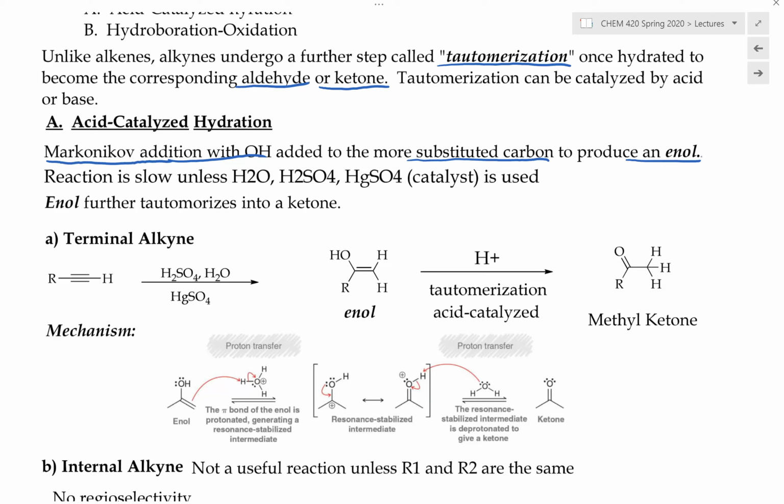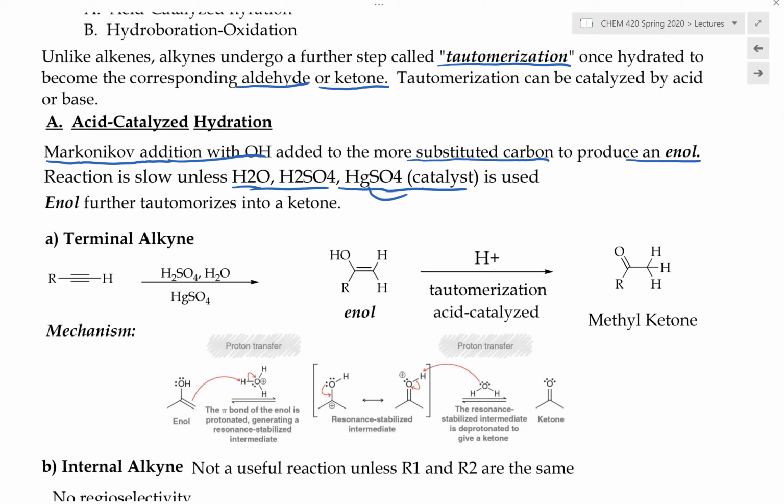In order for this hydration reaction of the alkyne to go faster, we need to have sulfuric acid and also mercuric sulfate. This is used as a catalyst to speed up the reaction, and that was discovered experimentally.